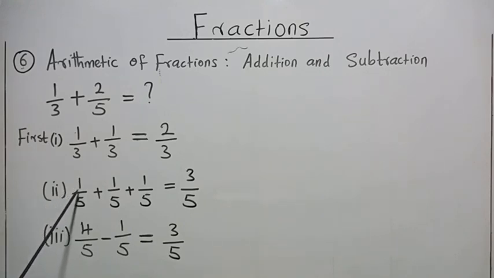In this second operation, all the 3 fractions possess the same denominator. What is it? 5. In the third number operation, the 2 fractions possess the same denominator. What is it? 5. Could it be why it was easy for us to get the answer straight like that?